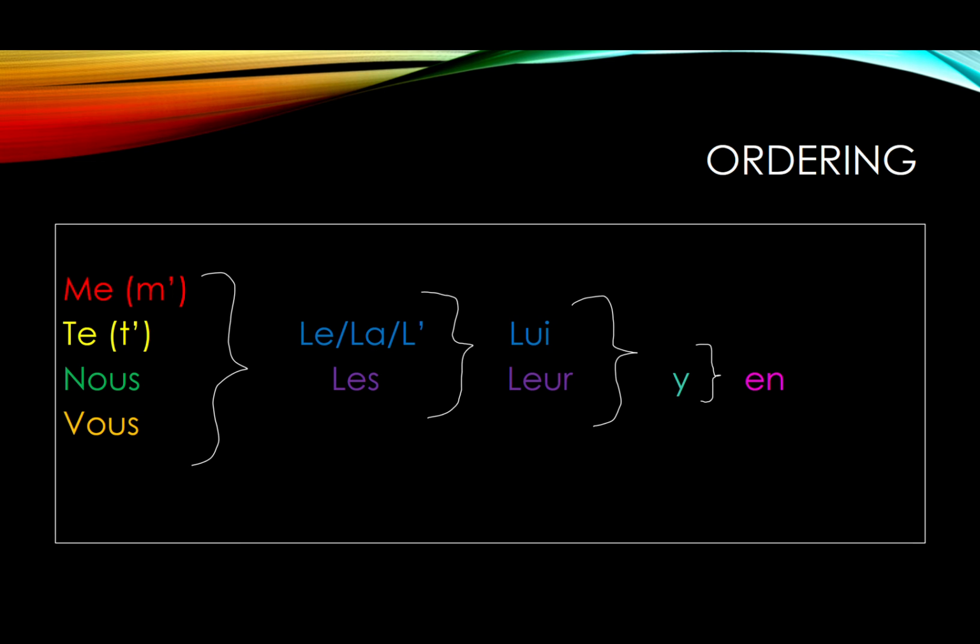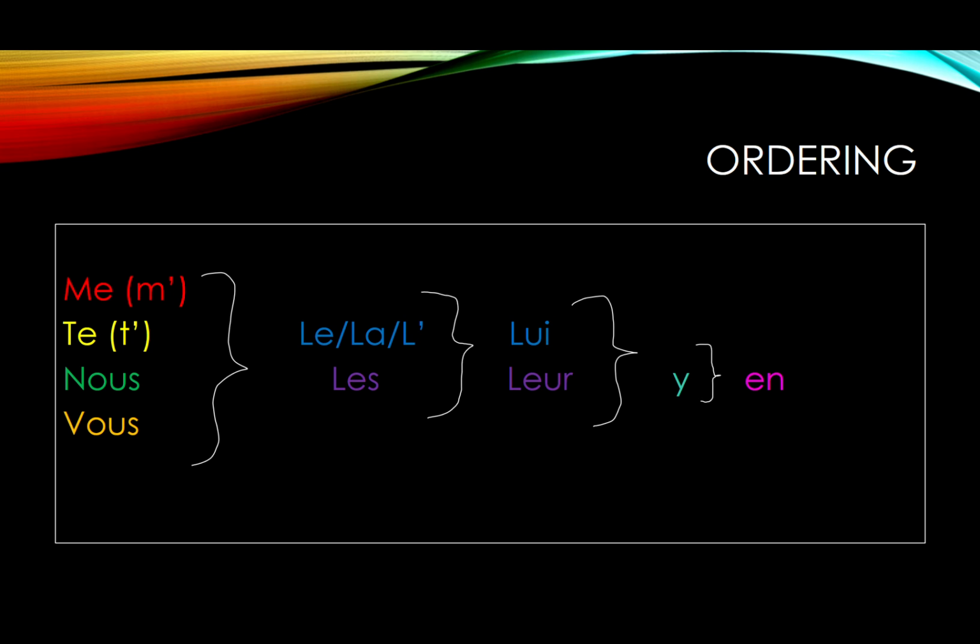And this is the order in which they would appear. Me, te, nous, and vous would go first. Le, la, l' apostrophe, or les would go second. Lui and leur would be third. Y would be fourth, and en would be last.